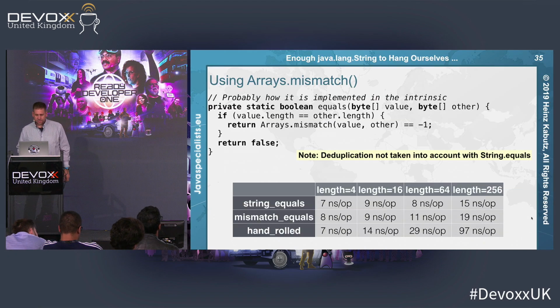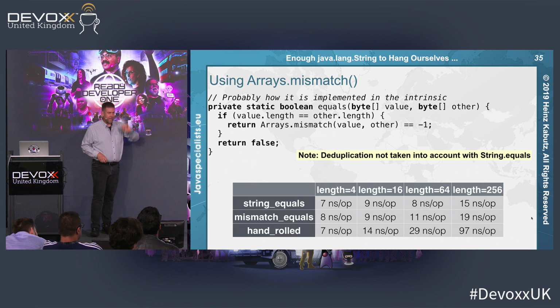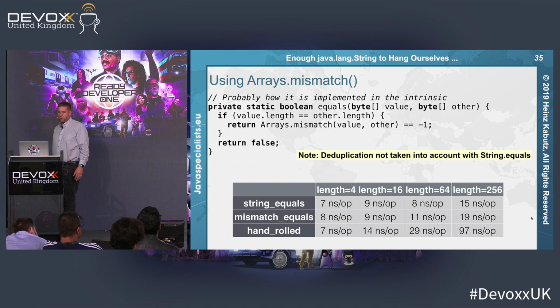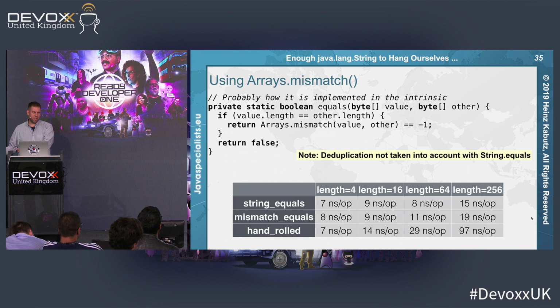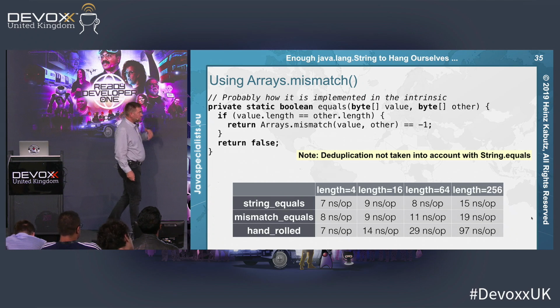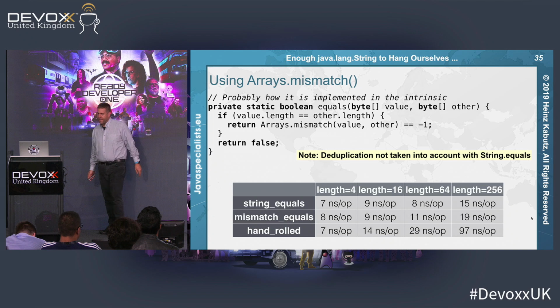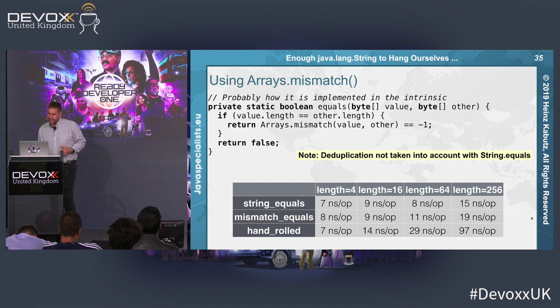And the reason is that the intrinsic is probably implemented with something like Arrays.mismatch, which uses vectorization to compare a whole bunch of bytes at the same time. So you can get a massive speed up with Arrays.mismatch. Vectorization is a great idea. For some reason, they don't take into account deduplication, so they don't check whether the array is the same. They should do that, but they don't. Don't know why.